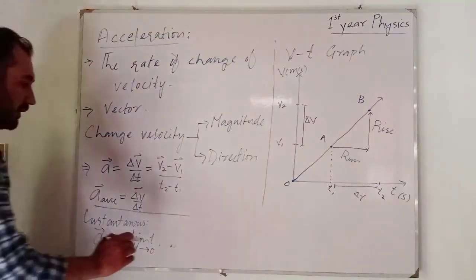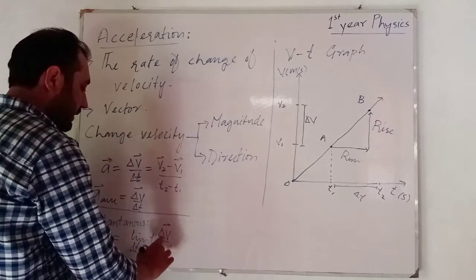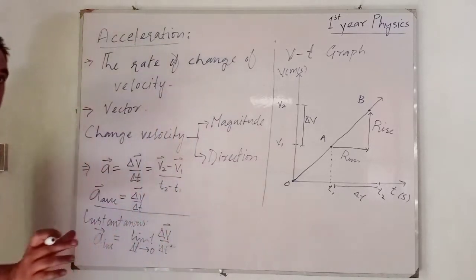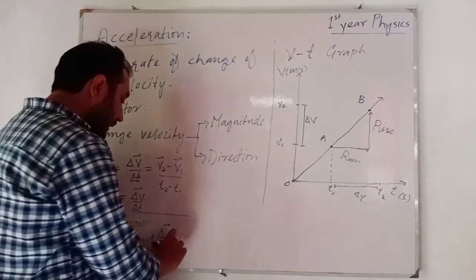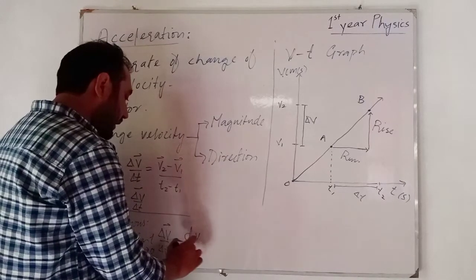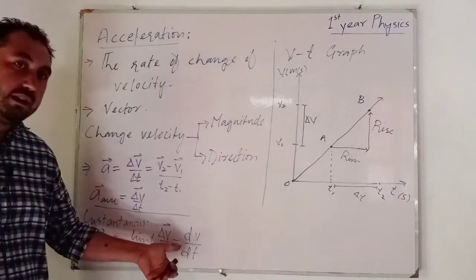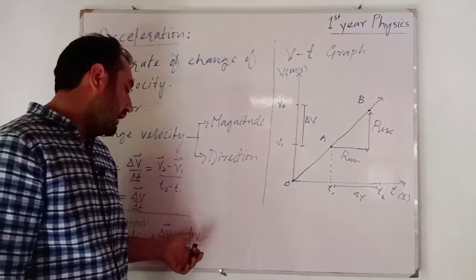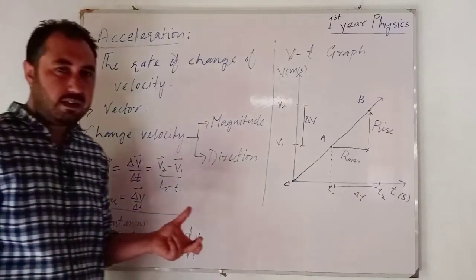For such a limit, the change in velocity over change in time gives us the acceleration at any particular instant. Again, that much small change can be replaced by the differential operator, dv over dt. These differential operators give us the change in velocity and the change in time, but very small change, right? Okay.